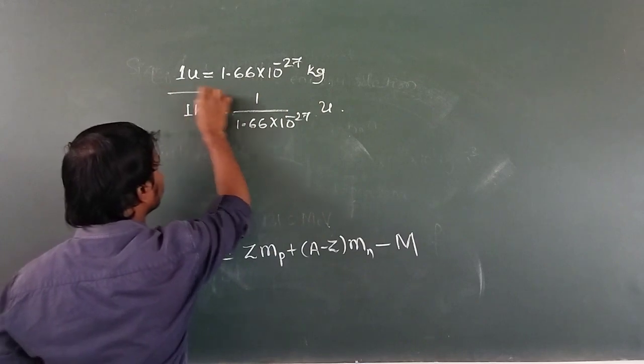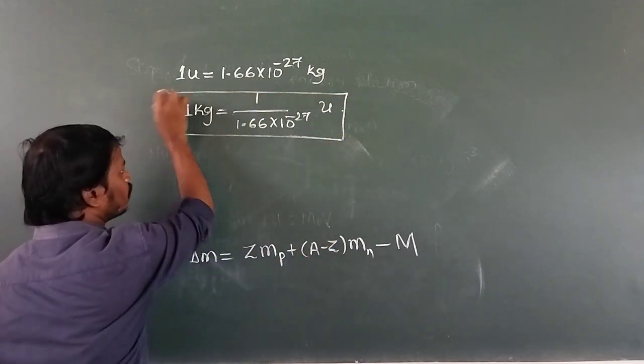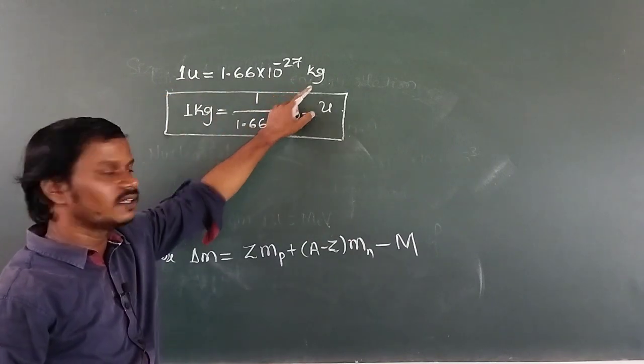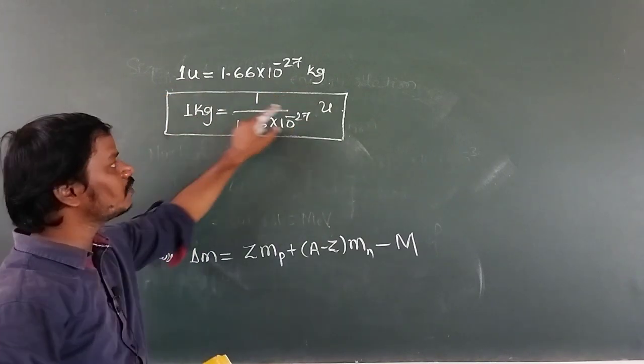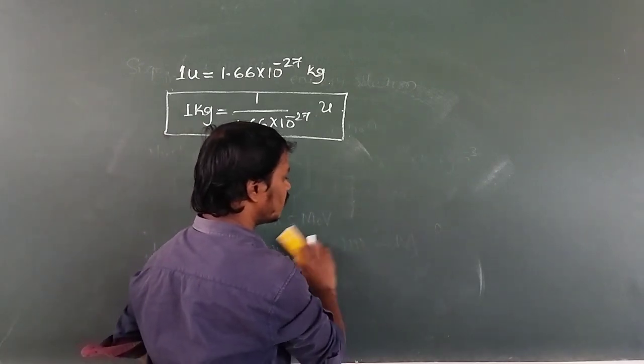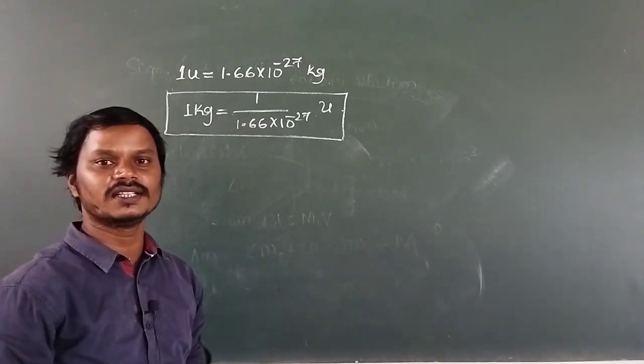So, remember these two: this is for the conversion of atomic mass unit to kg, and this is for the conversion of kg to atomic mass unit.